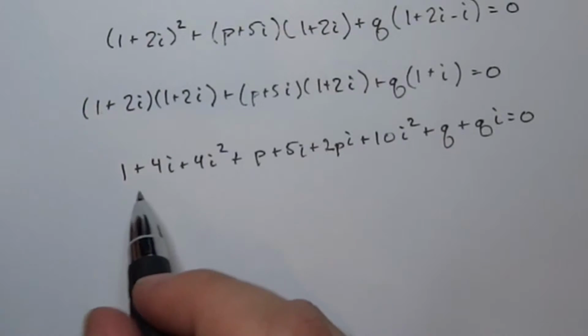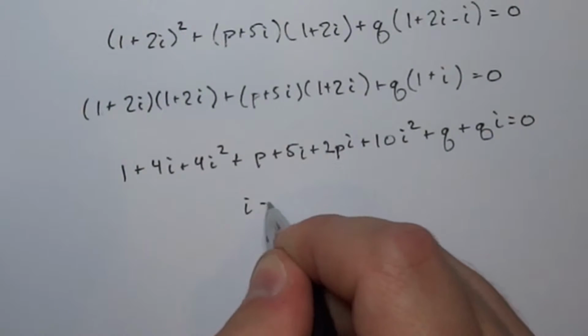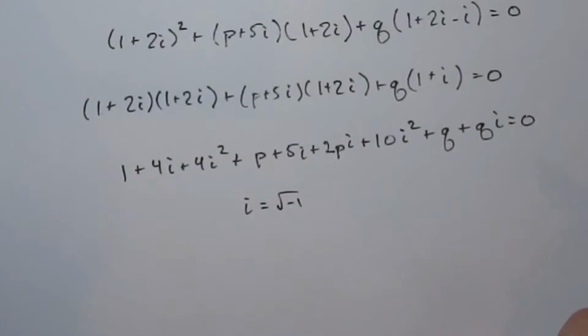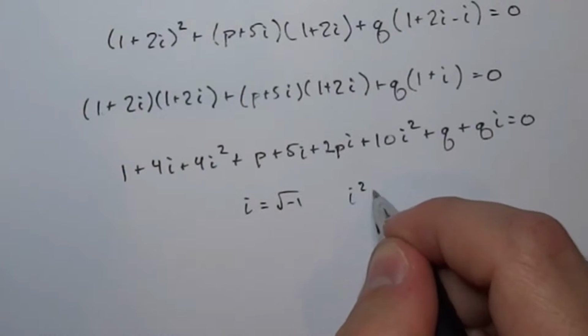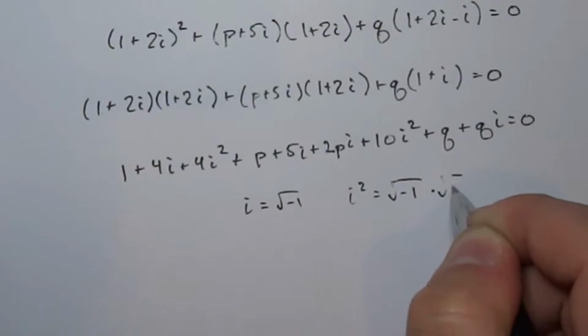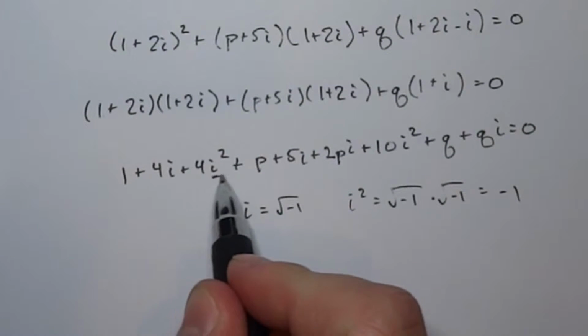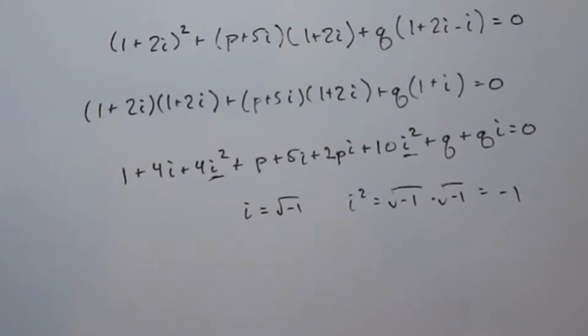Okay, now what is i squared? Well, i is equal to the square root of -1. So then i squared is equal to the square root of -1 times the square root of -1, which is equal to -1. So everywhere where we have an i squared, like over there and over there, I'm going to rewrite that as -1.